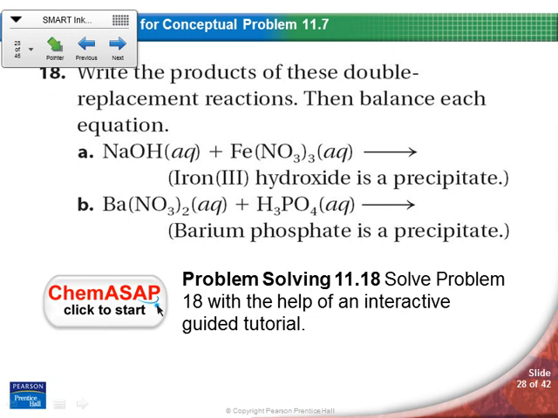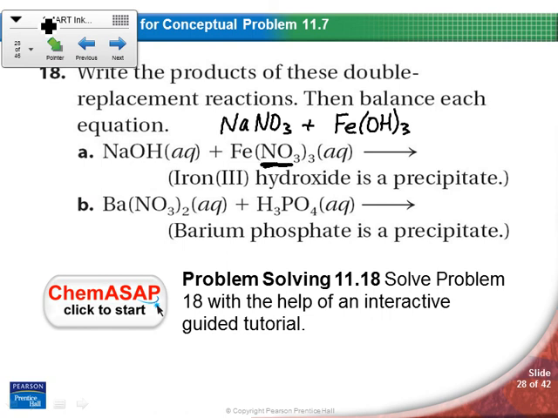It's perfect. All right, so when these switch, we're going to end up with NaNO3 plus Fe what? OH3, right? Now how did I know OH3? Okay, good.